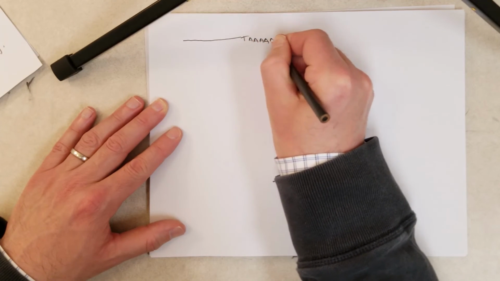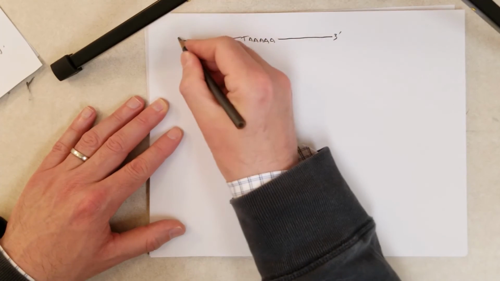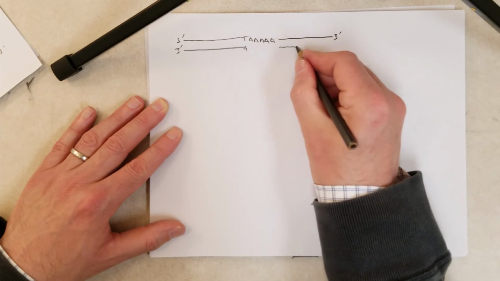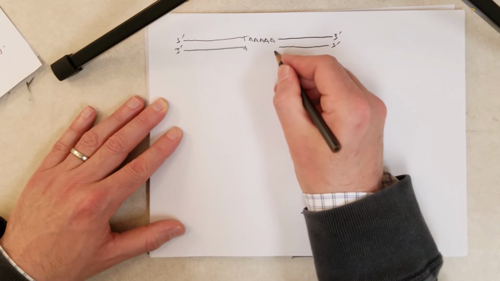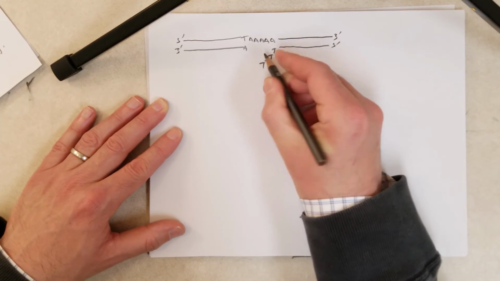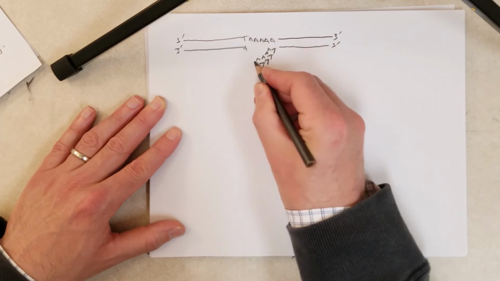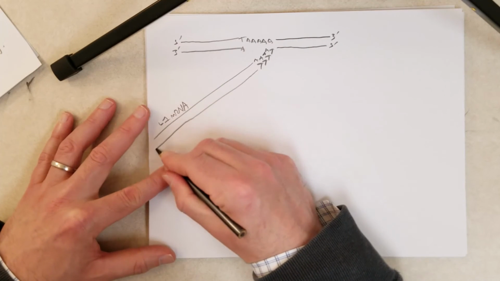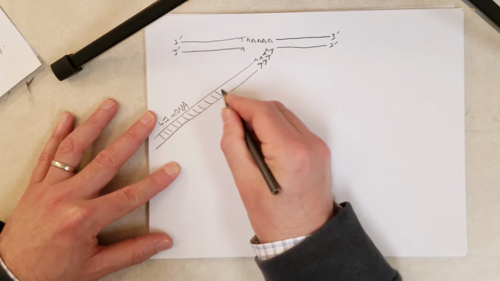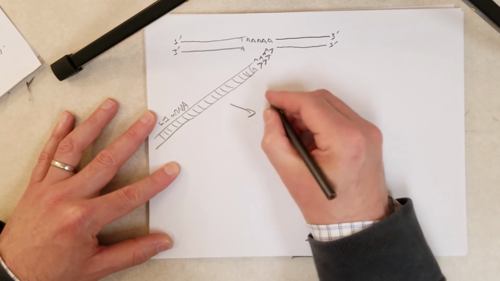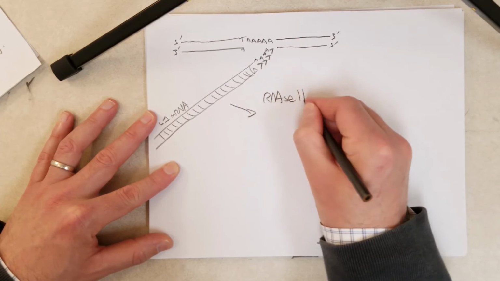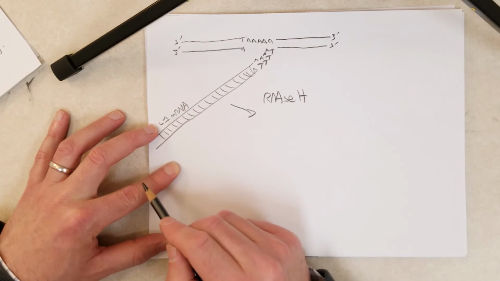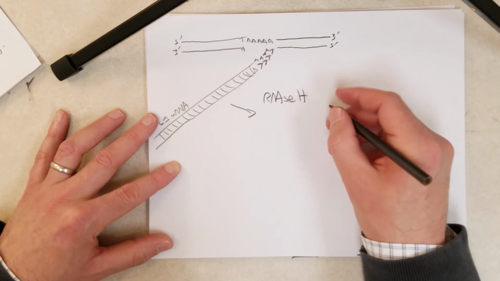this was the target site. And here's the L1 messenger RNA, cDNA copy. So an enzyme called RNase H is used to chew away that L1 messenger RNA and to leave us with something like this.